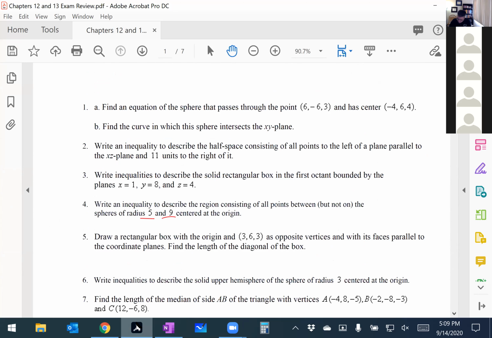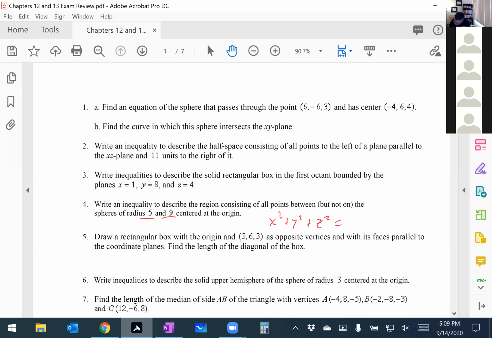The sphere is x squared plus y squared plus z squared equals r squared, right?